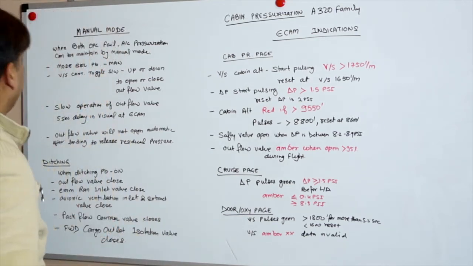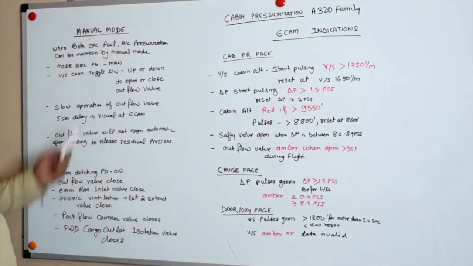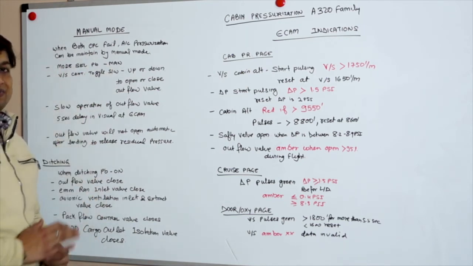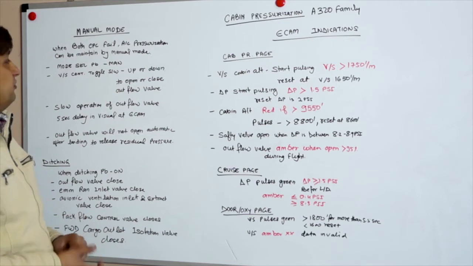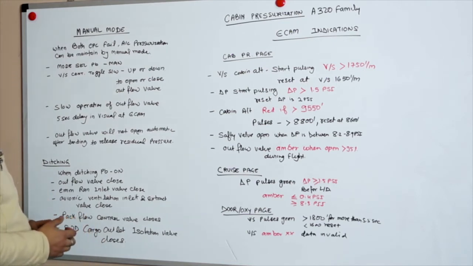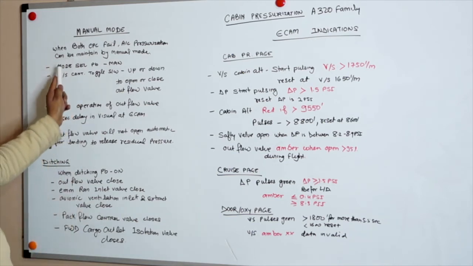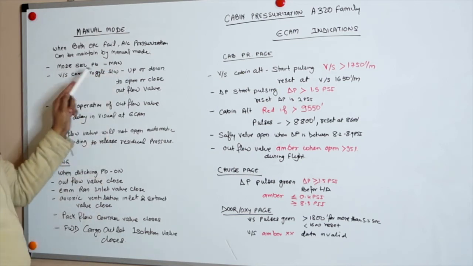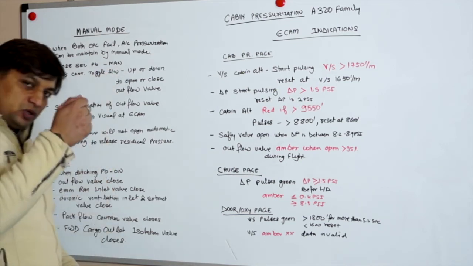So in manual mode, in case both CPCs fail, aircraft pressurization can be maintained with the manual mode. Okay, what do we have to do in manual mode? On the overhead panel, we select the MAN mode push button, and the VS control toggle switch can be moved up or down.